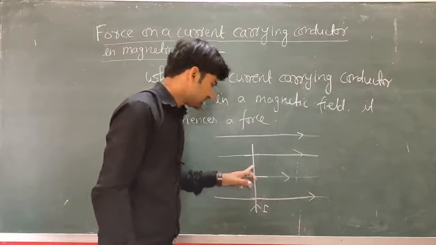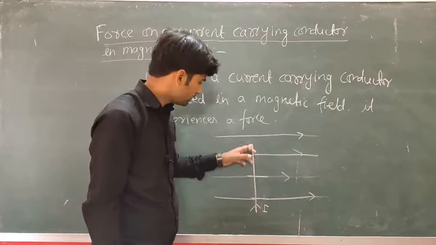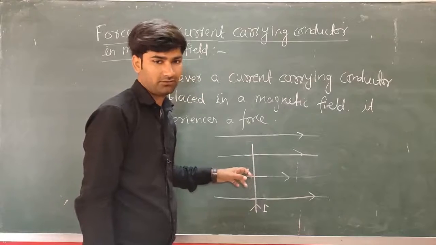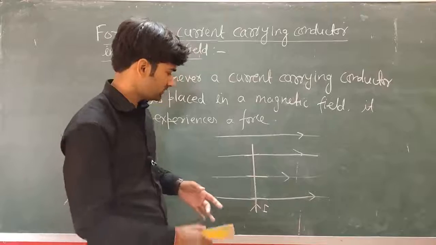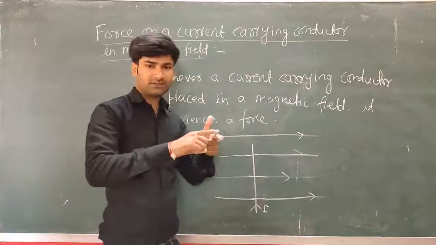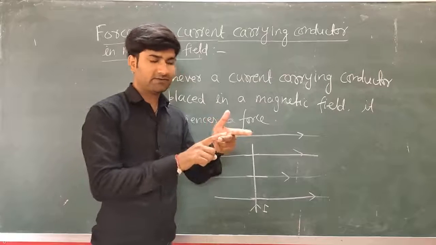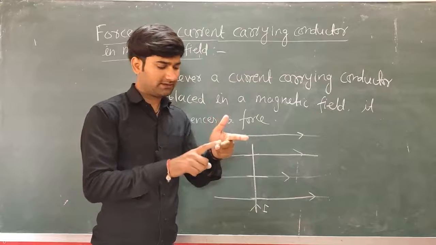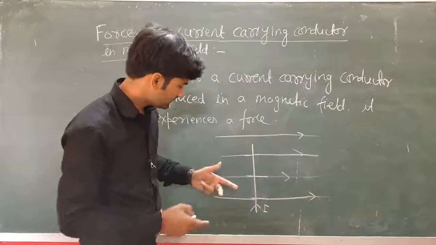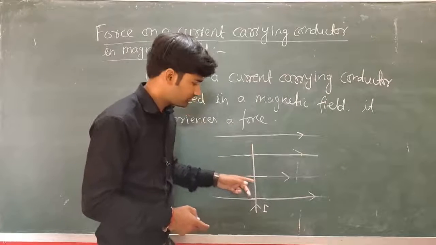Then this conductor experiences a force, and the direction of force can be obtained by using Fleming's left hand rule. According to Fleming's left hand rule, if the forefinger is in the direction of the magnetic field, this middle finger is in the direction of current, then this thumb will show the direction of force. So we can apply Fleming's left hand rule here.